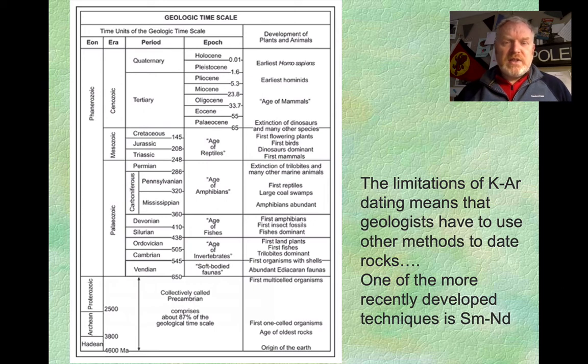Now, to get round this, new dating techniques have been developed. In particular, a dating technique that's based on isotopes of samarium and neodymium. But that's the topic for another lesson.